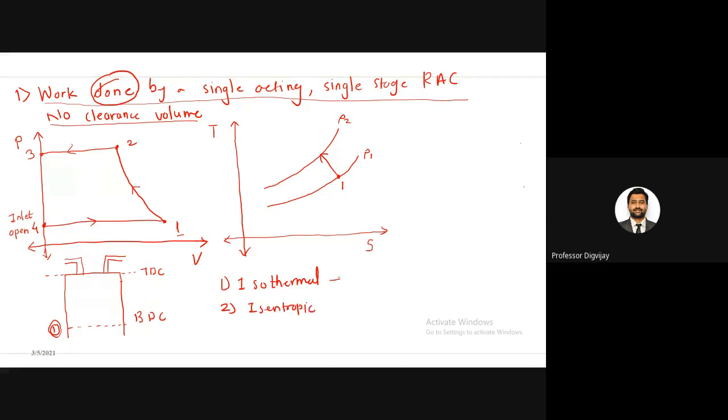Isothermal means temperature remains constant. Isentropic means entropy remains constant. And the third one is polytropic.